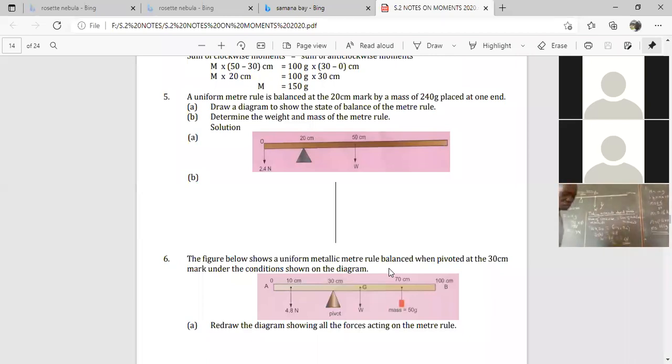About 1.6. The 1.6 is equal to m times 10. Where did the 10 go? I thought it was supposed to be 10. m is equal to 1.6 out of 10. We did 1.6 divided by 10. You divide by 10 on both sides.